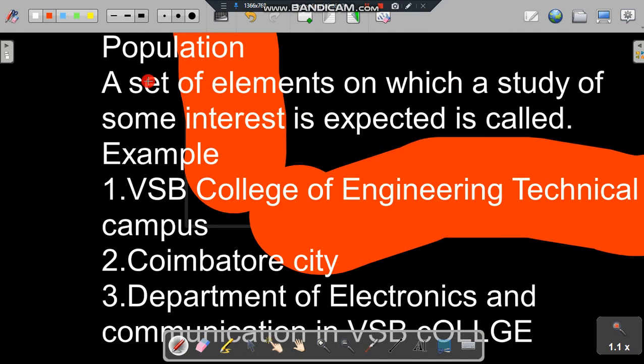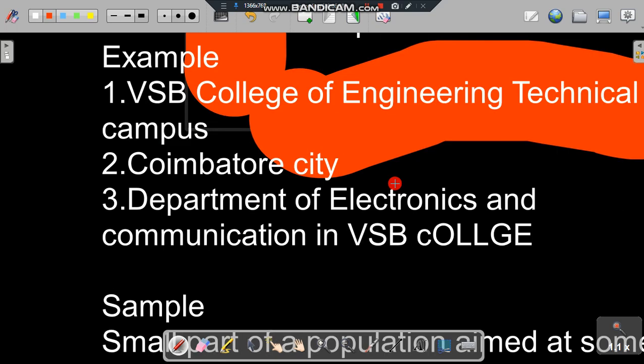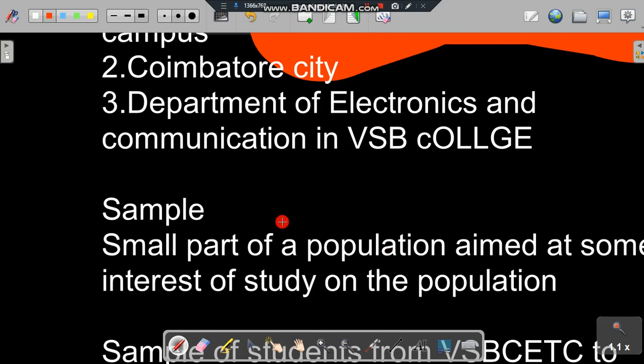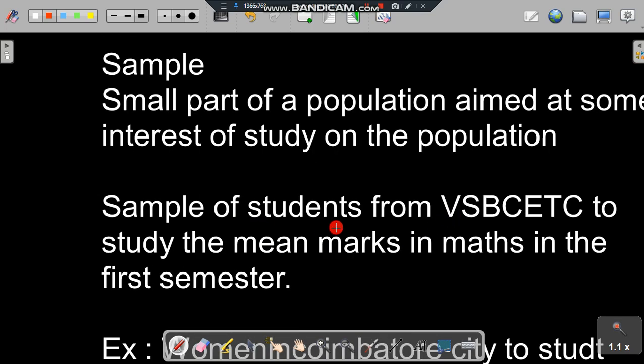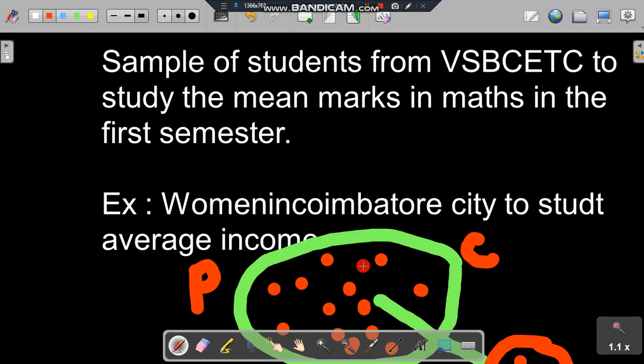Population is a big set of elements on which we have to study some characteristics. Examples: VSB College, Coimbatore City, ECE department in VSB. A sample is a small part of a population taken in order to study something. Examples: the students from VSB CETC to study the mean marks in mathematics in the first semester, or some women from Coimbatore City to study the average income per month.